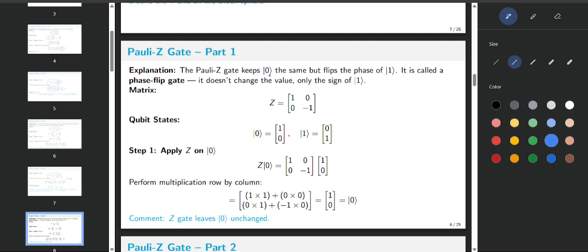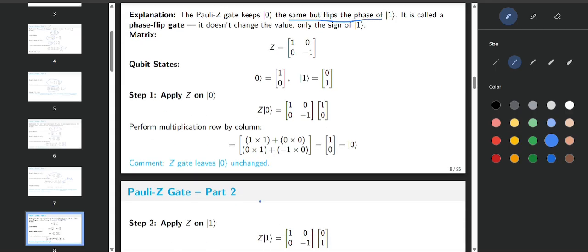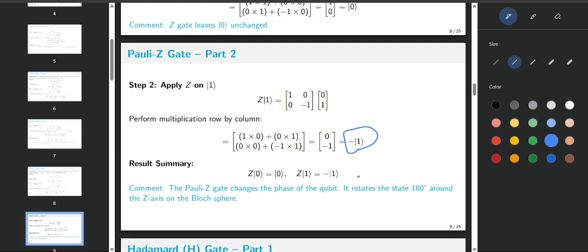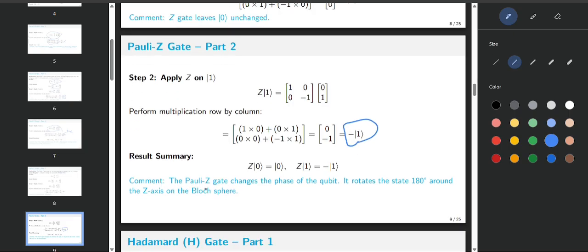Now moving on to the Pauli-Z gate. The Pauli-Z gate keeps ket 0 the same but flips the phase of ket 1. If you apply Z to ket 0, you get ket 0. But if you apply Z to ket 1, you get minus ket 1. That is the thing you need to remember.